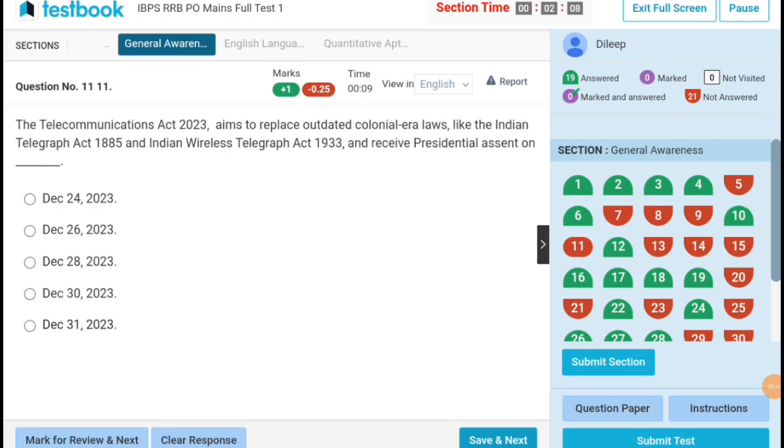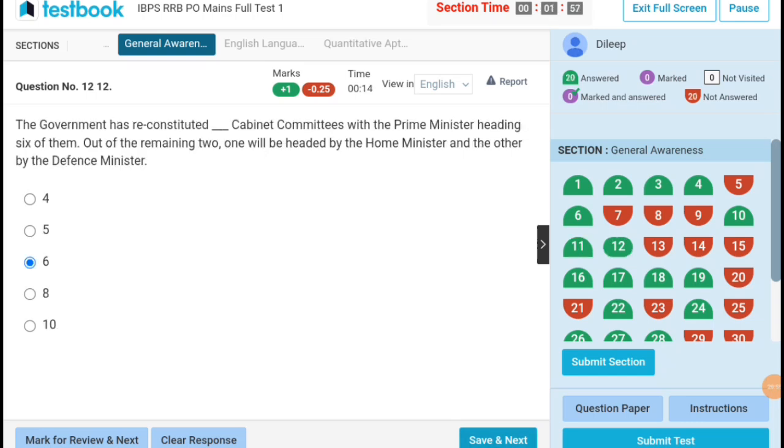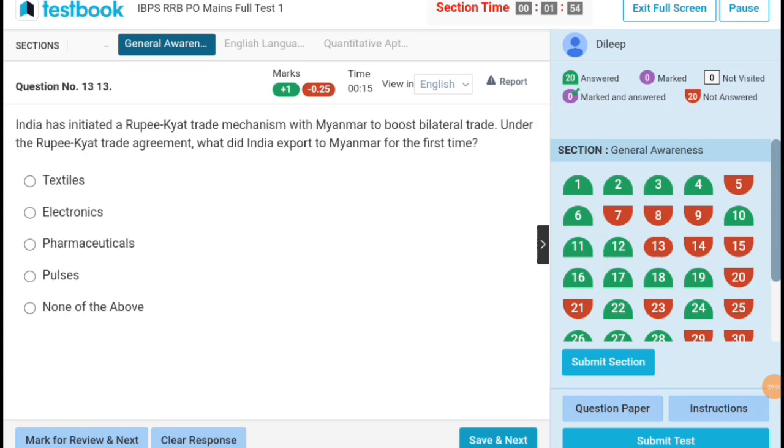The Telecommunication Act 2023 aims to replace outdated colonial era laws like the Indian Telegraph Act. Set on December 31st, 2023, I think. I think it is textiles or pharmaceuticals.